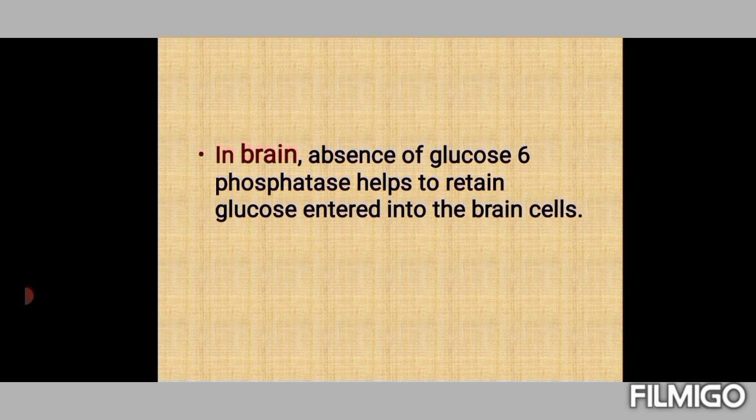So it's the primary need of the brain that it should retain whatever glucose is present inside it. So there is no glucose 6-phosphatase available in brain also. This is a unique role of the liver, that whatever glycogen is present in it is converted to glucose, which will be used by other tissues. So this is glycogenolysis or glycogen breakdown.